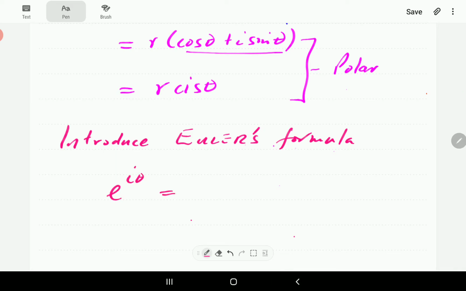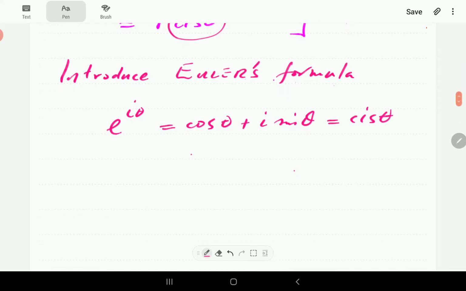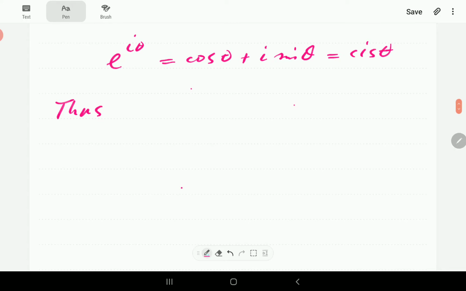So Euler's formula says e to the i theta is given by cosine theta plus i sine theta. This, of course, is just cis theta. So using this, we can now rewrite this as just e to the i theta. So this is what our complex number is going to look like now.